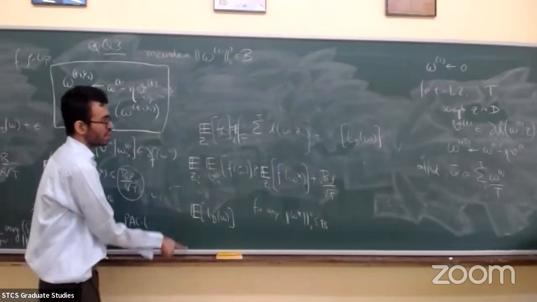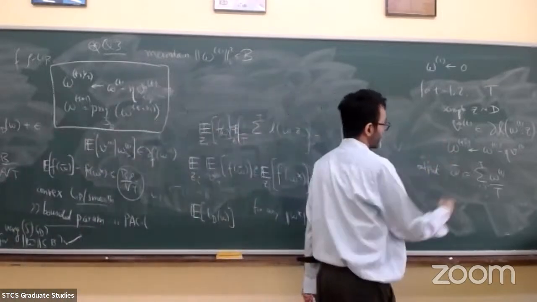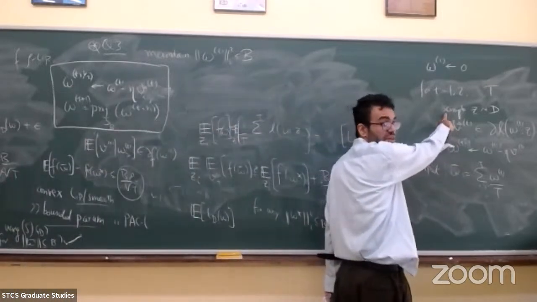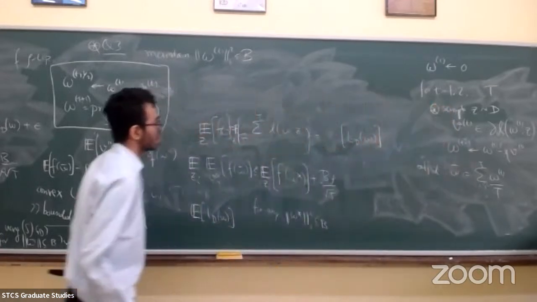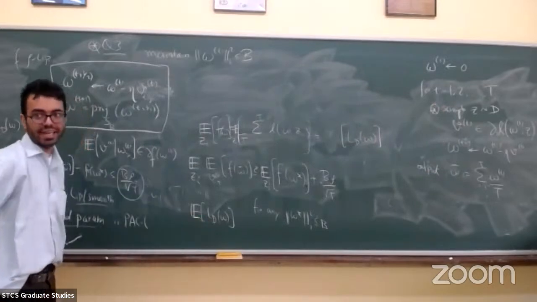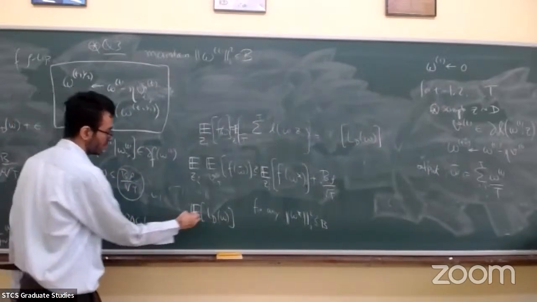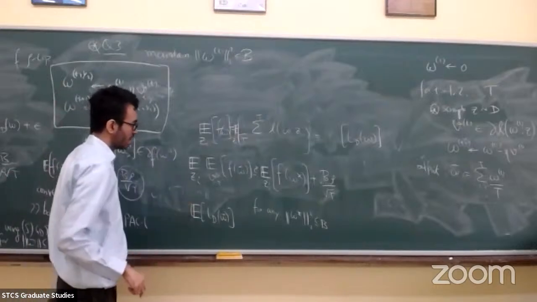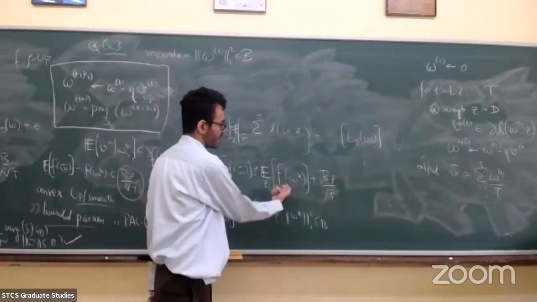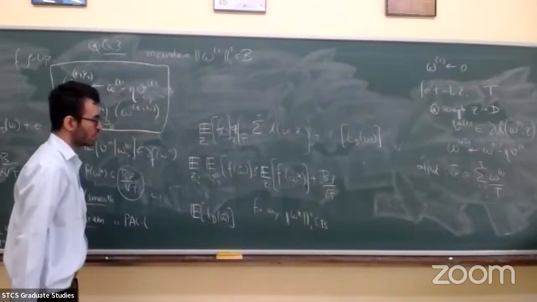Where this expectation is over the algorithm randomness. So the expectation over L_D of the output of the algorithm, that's the LHS. What about this thing?